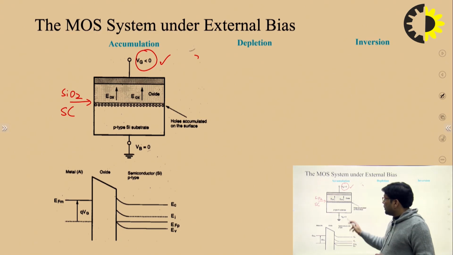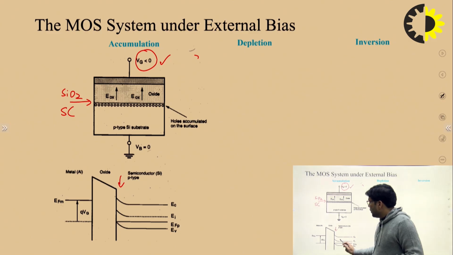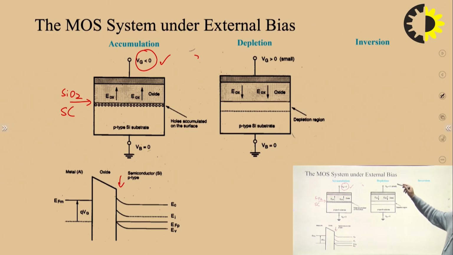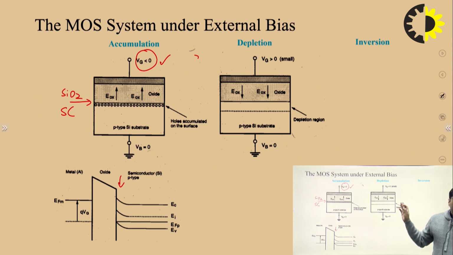So here in the accumulation process, at the interface of SiO2 and semiconductor layer, the energy levels bend in the upward direction, right? In the depletion type, we need to give some small voltage at the gate terminal, then the recombination process will happen at the interface of the SiO2 layer and semiconductor layer, as you can see here.